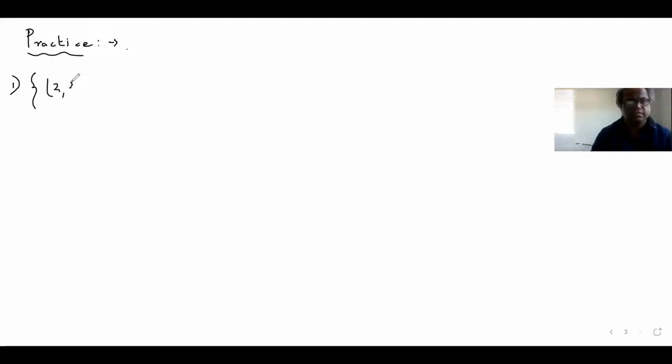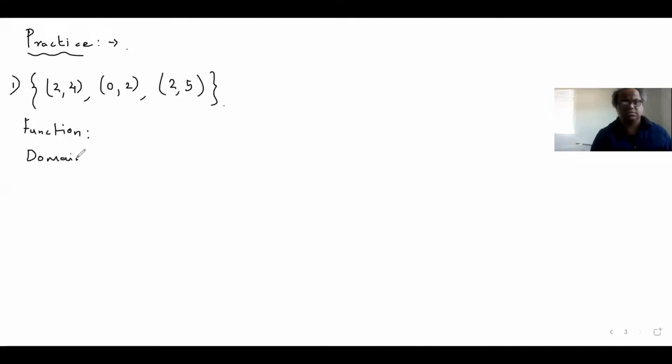If I have (2, 4), (0, 2), (5, ...), and of course you are going to give me the answers: whether it's a function or not, the domain and range. I'll write a couple of problems and then we will solve them all together.